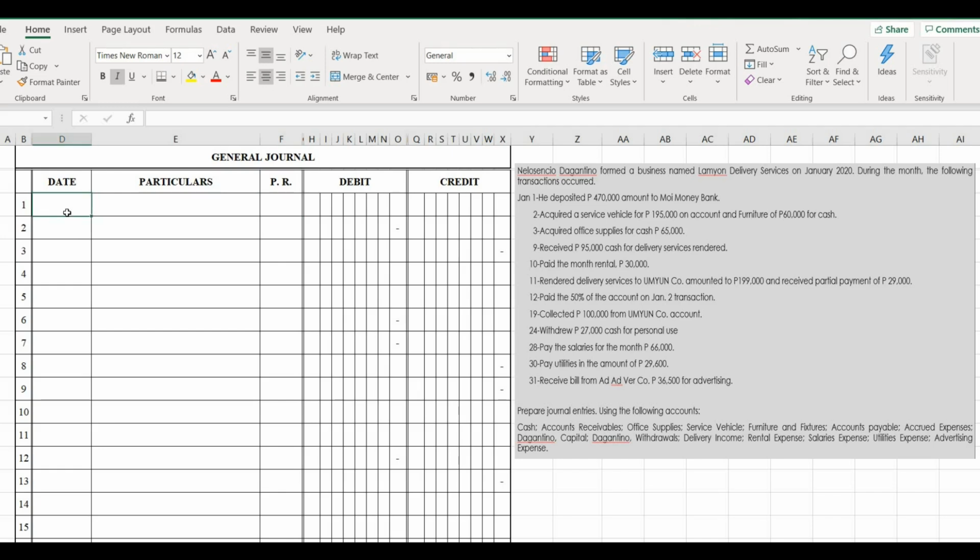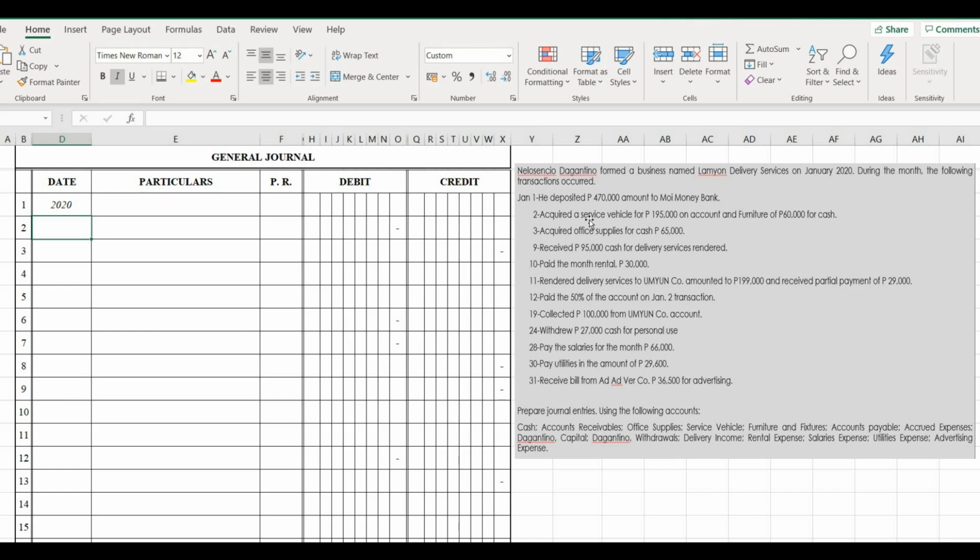So first, when you have to record transactions in your general journal, the first thing that you have to do, of course, is to put the year. So in this case, this is 2020. Okay. So let us now analyze the first transaction.